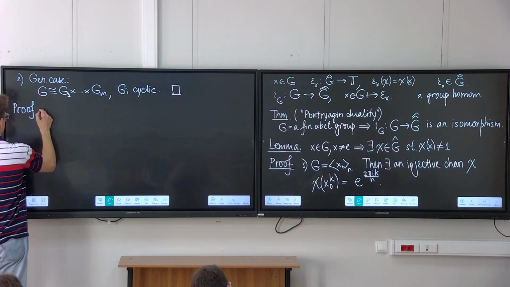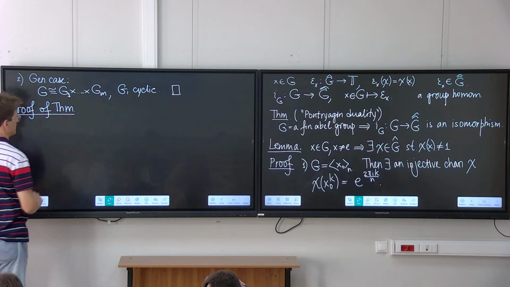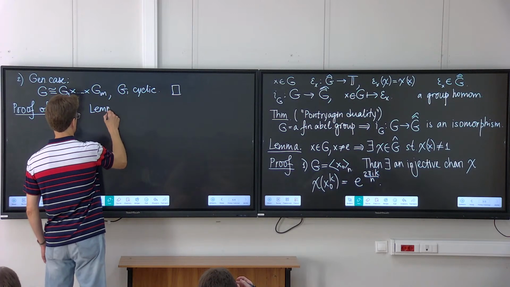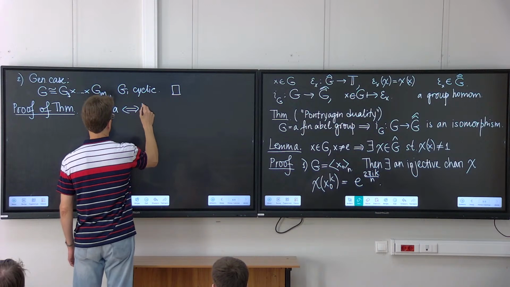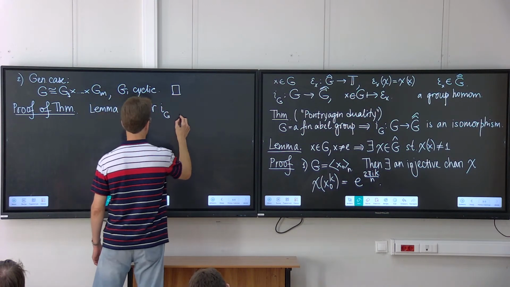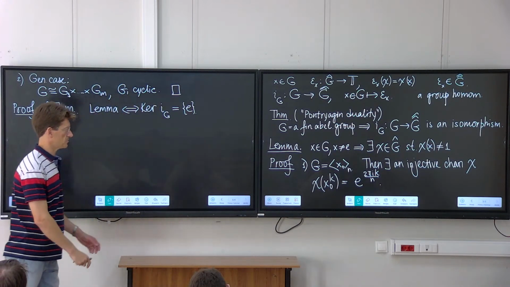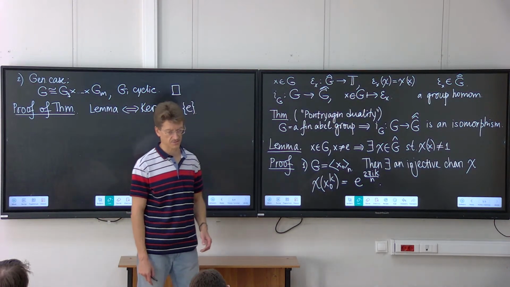And now to prove the theorem, let's observe that the lemma means exactly that the kernel of our canonical homomorphism IJ is trivial. By construction, the kernel of IJ is the intersection of the kernels of all characters.